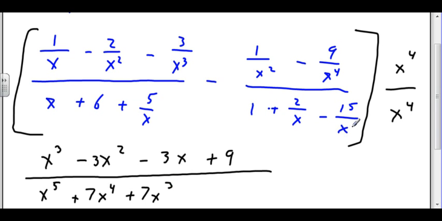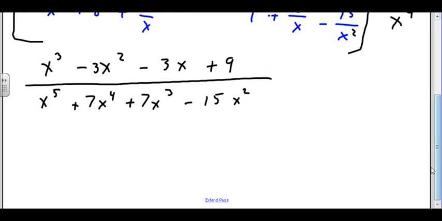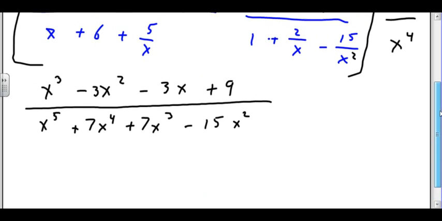Is this an x squared term? This is an x squared term. Minus 15x squared. Now, why are both of those negative signs?